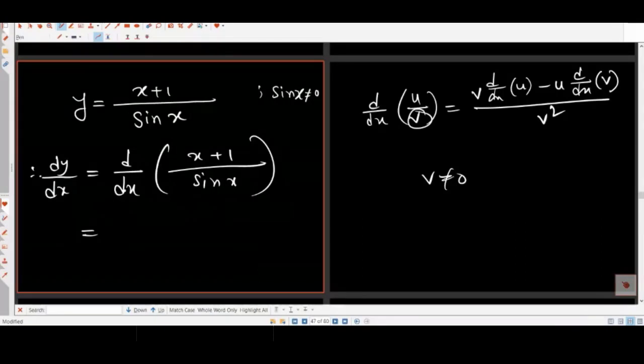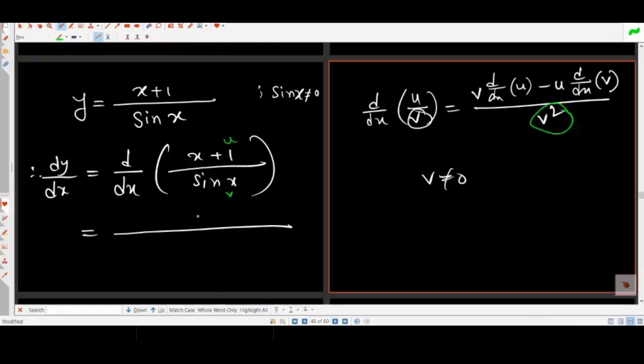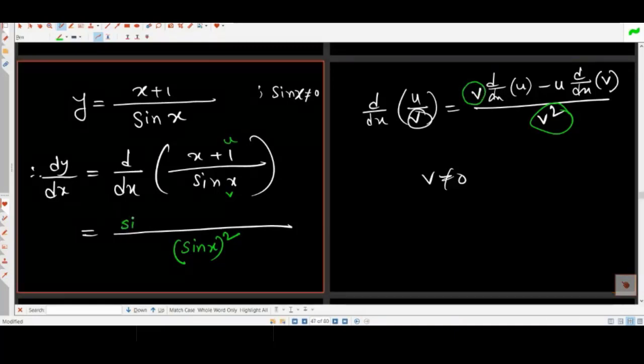So let's try to solve this derivative. We can consider the numerator as u and the denominator as v. So the result will be v squared, that is sine x squared. Sine x is considered to be v, so v squared, sine x squared. Then in the numerator, v, so sine x, d/dx of u. So our u is x plus 1. Then negative is coming.